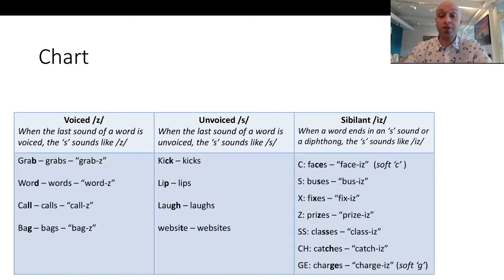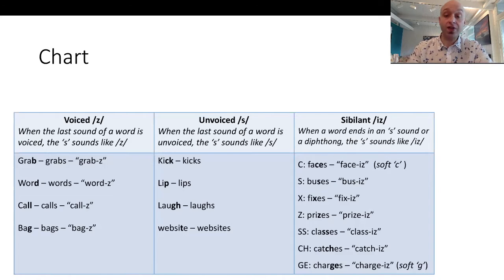Prize, we pronounce prizes because it would be very difficult to have the same sound twice in a row. Class is the same, classes, because we couldn't have that same S sound twice in a row. Then we have a couple more sounds, which are called diphthongs, which are two letters that produce a new sound, such as CH produces a ch sound.